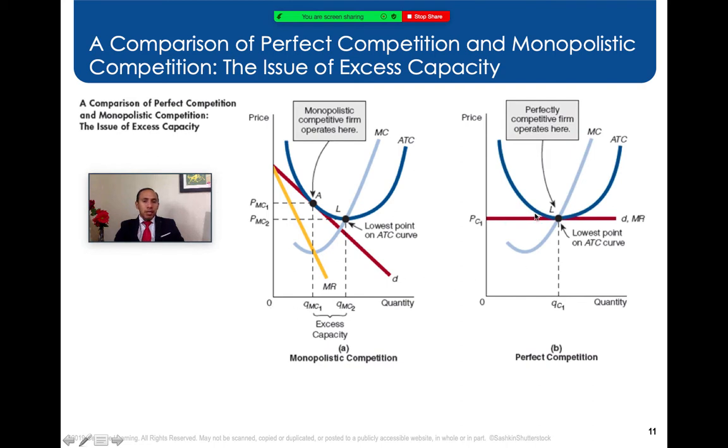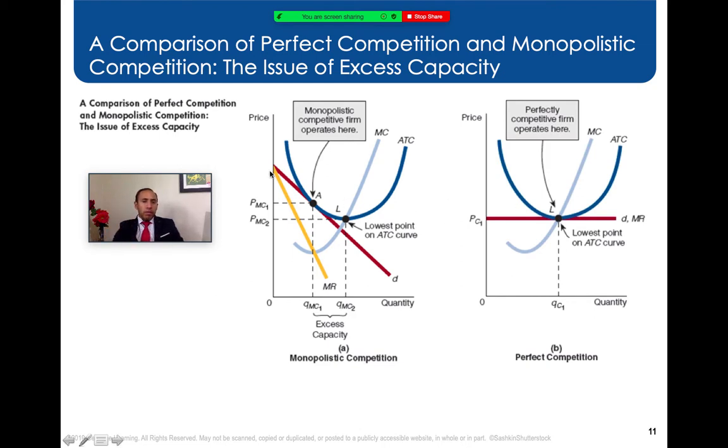The price under competitive markets is lower and equivalent to the marginal cost per unit at point L, the lowest point, or equivalent to the marginal revenue per unit. And the other thing is that the firms in this case have the ability to enter and exit.